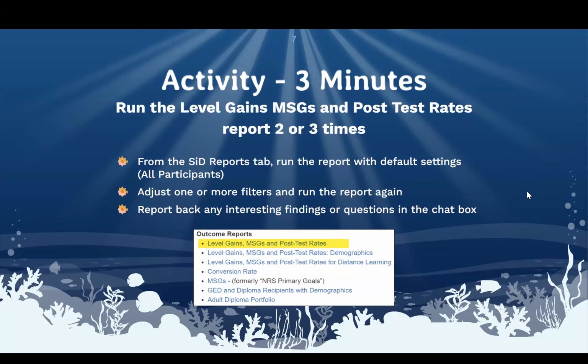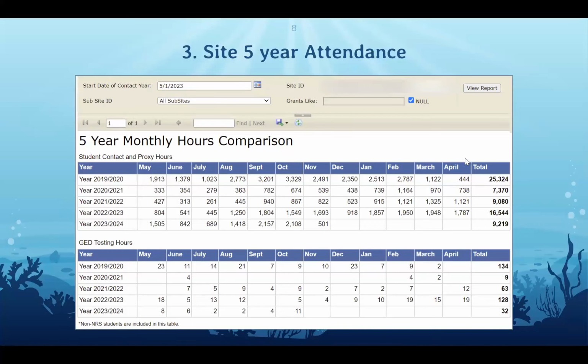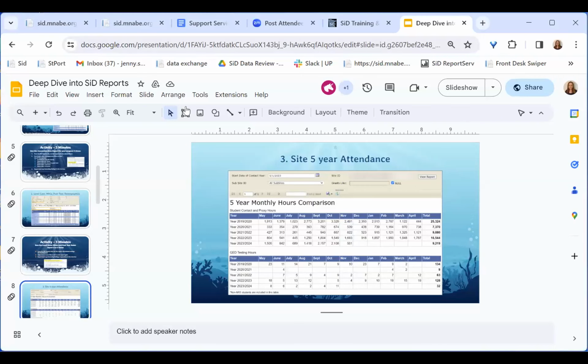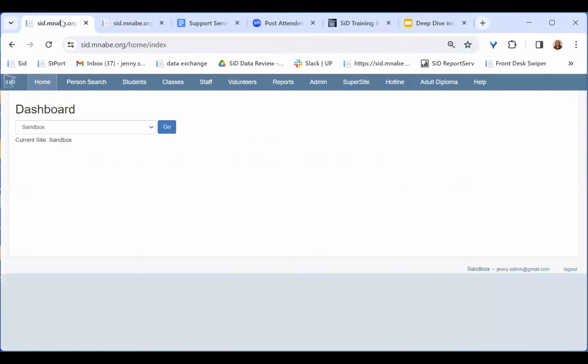I have a private chat to me, but I'm just going to say the answer, which is that someone who is new to SiD and programming wants to know where to go to run the reports. When you are in SiD, your login screen looks like this, and you have your program.